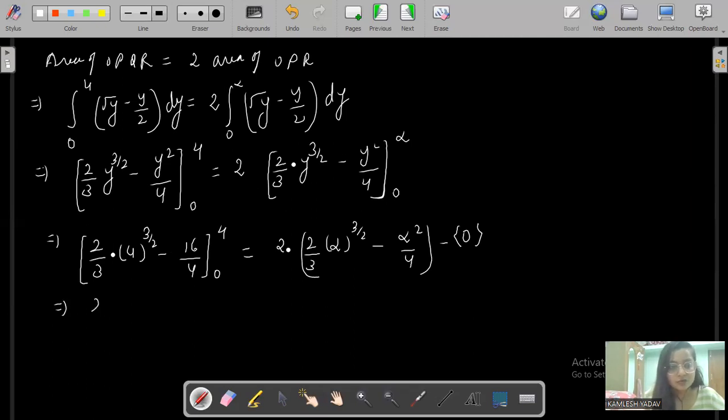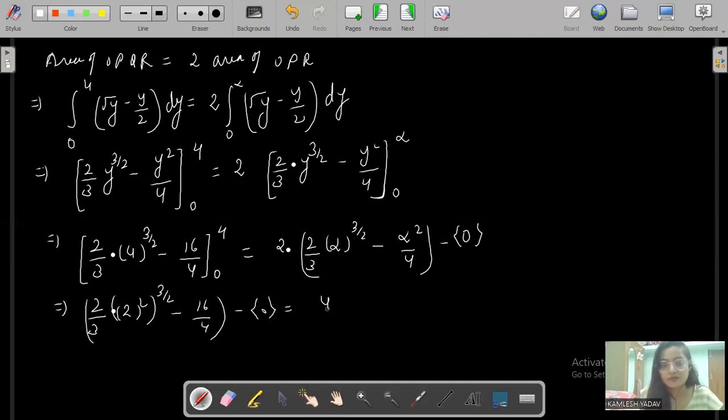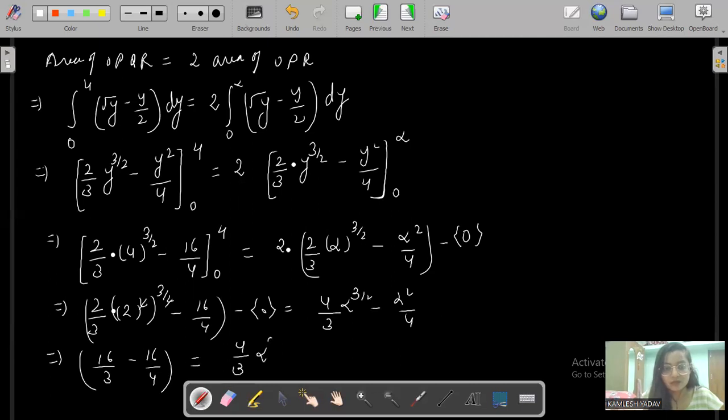So this is equal to 4 upon 3 alpha to the power 3 by 2 minus alpha square by 4.